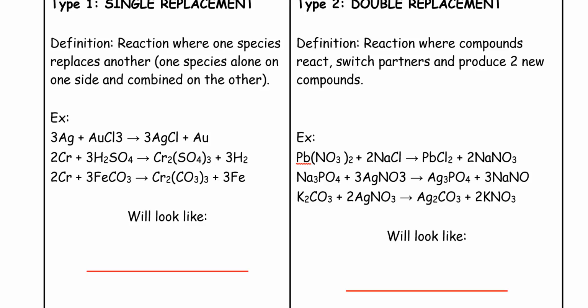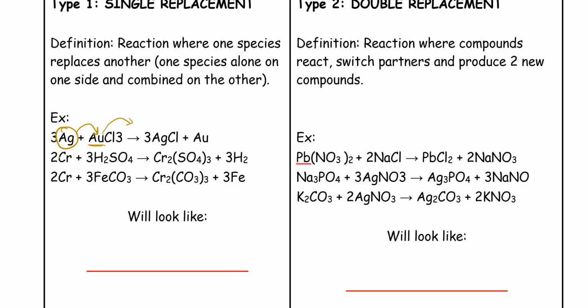So, for example, I have 3 examples here, and then we'll have a general formula that this one will follow. In the first, silver is replacing the gold in one species and becoming AgCl, and then Au becomes an element by itself as a product. So Ag replaces that, and then the Au comes out by itself.